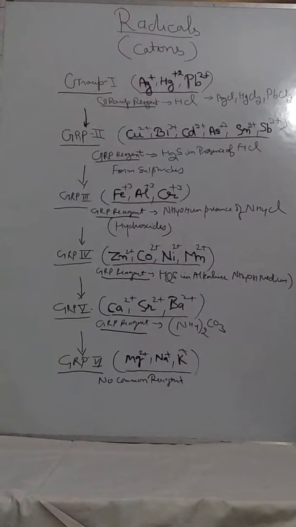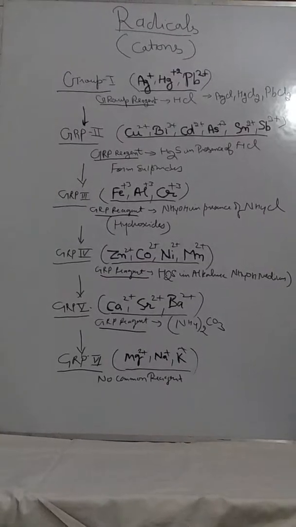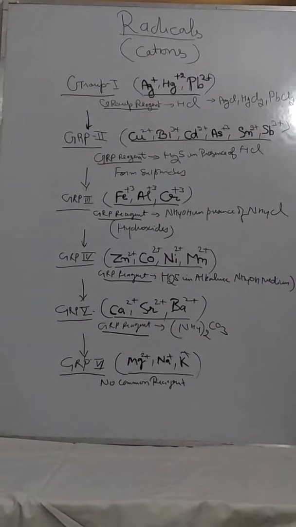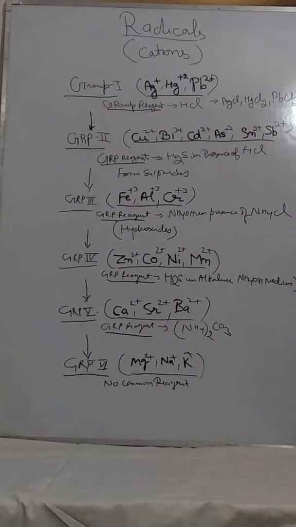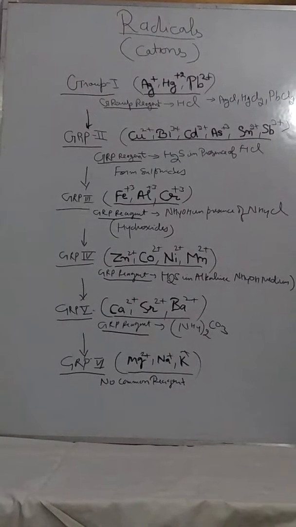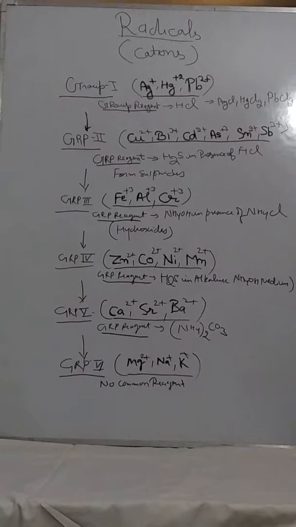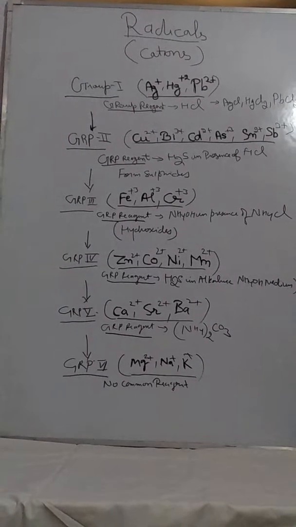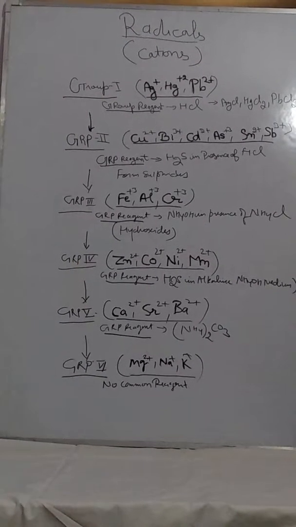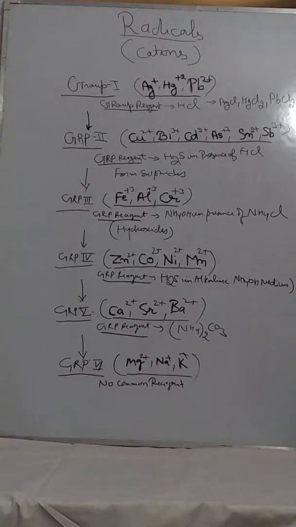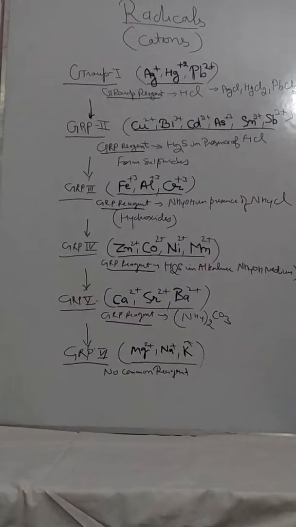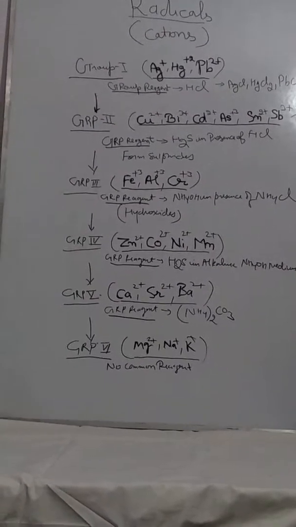Here we have to keep one thing in mind: we need not supply H2S in higher concentration, because if you supply H2S in high concentration, you will create confusion, because at high concentration of sulfides, the radicals of group 4th will precipitate out. So keep this in mind, that we have to supply less sulfides.